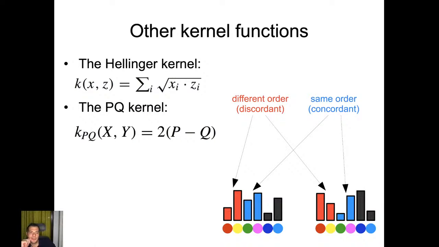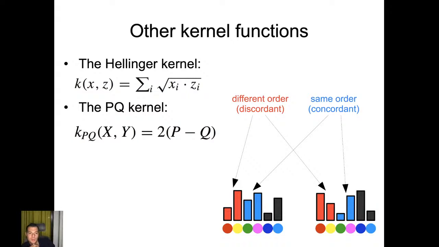And the interesting thing is that you can compute this kernel in a more efficient way than just taking all the possible pairs, which would lead to a quadratic complexity. You can compute it in n log n complexity using merge sort.